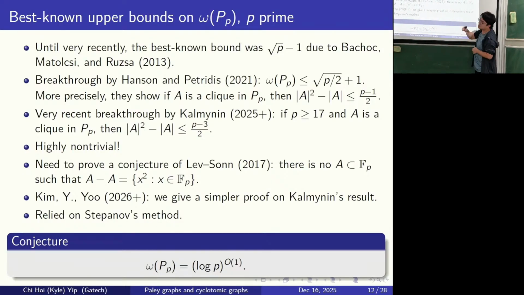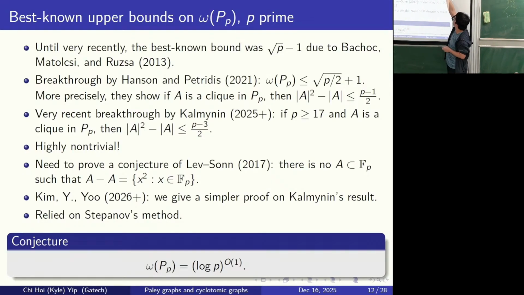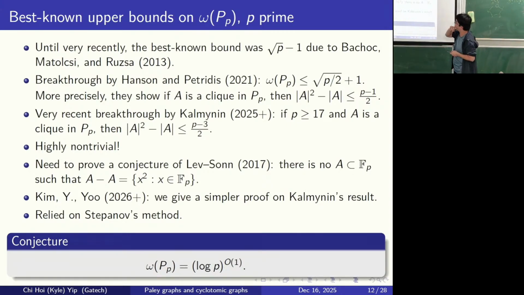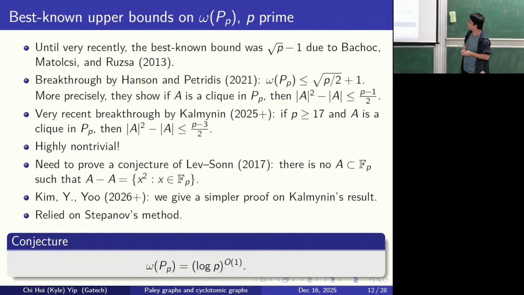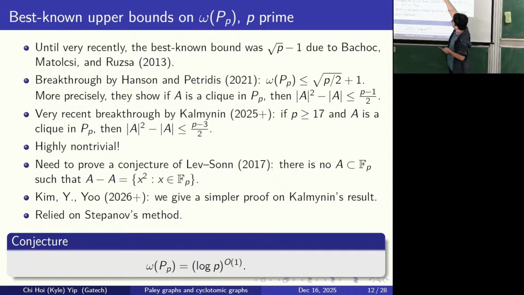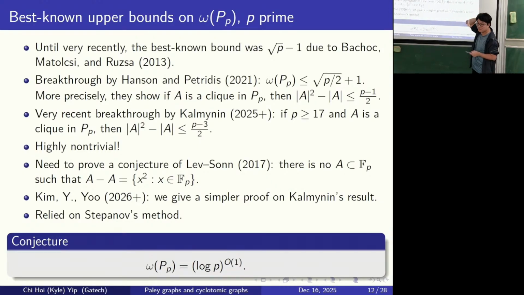If you take the square root, it only improves the Hanson–Petridis bound by epsilon, where epsilon goes to 0 as p goes to infinity. This indicates the difficulty of improving the upper bound. And I want to briefly mention why this work is highly non-trivial.